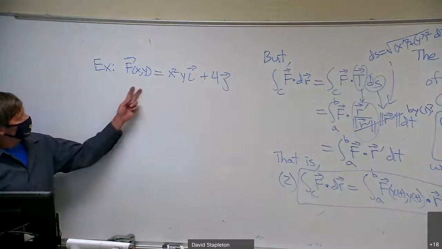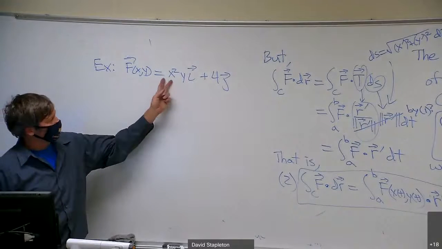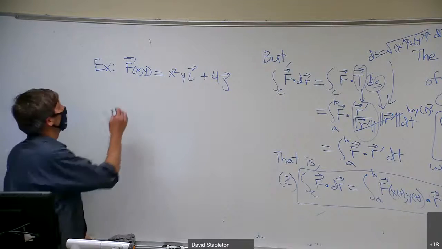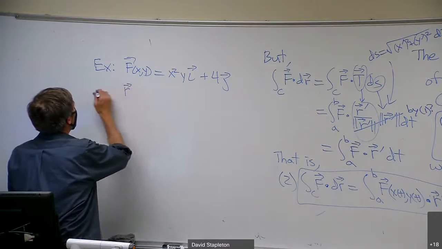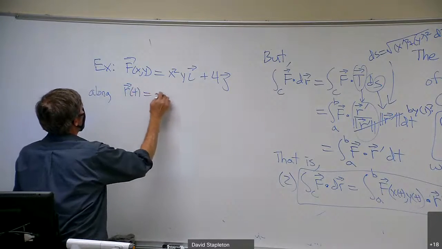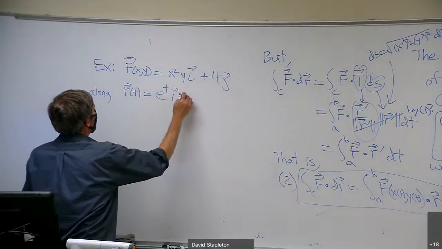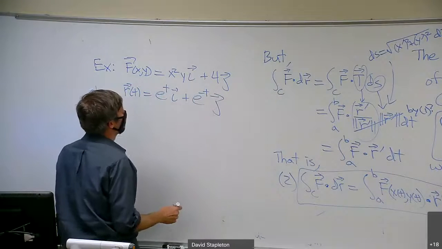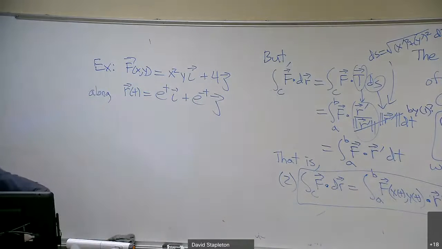Remember, a vector field associates with each point in the plane a vector. So at each x, y, this is the vector you compute. And suppose you're moving along the curve r of t, which is e to the t i plus e to the minus t j, with t going from 0 to 1.